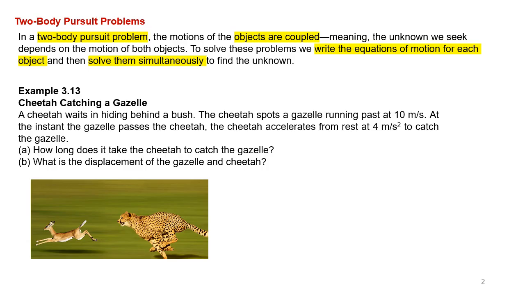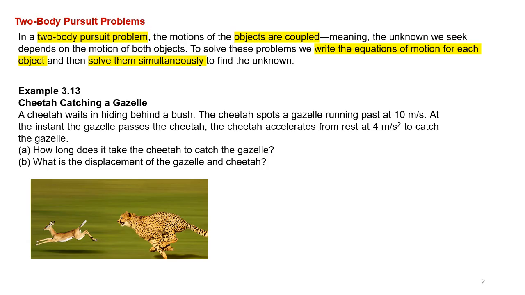For example, we have a problem here, a cheetah catching a gazelle. This is example problem 3.13 in OpenStax's University Physics textbook. A cheetah waits in hiding behind a bush.